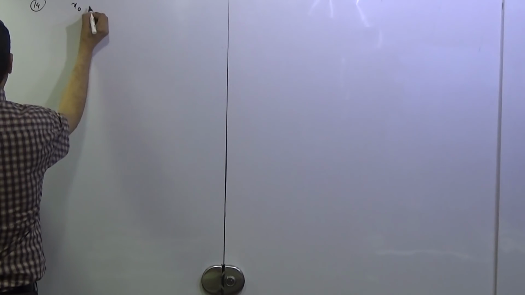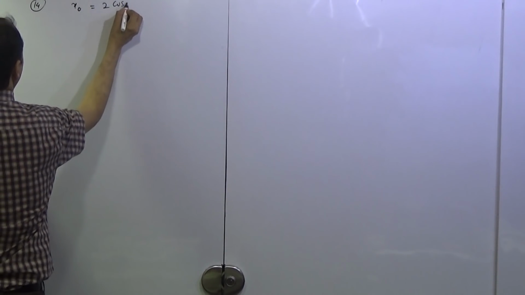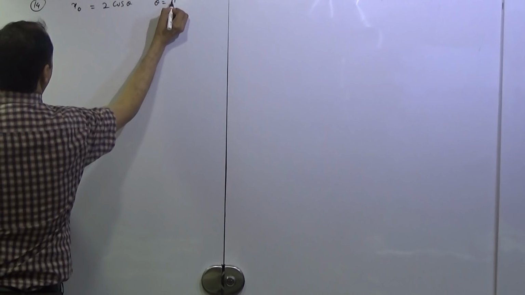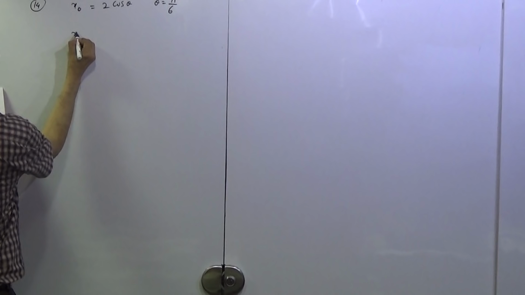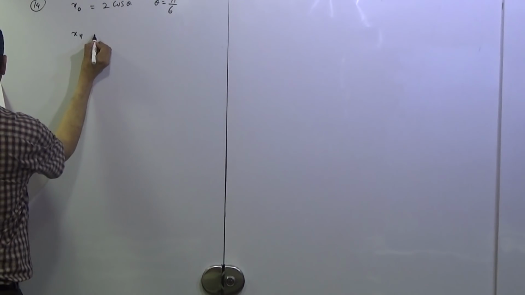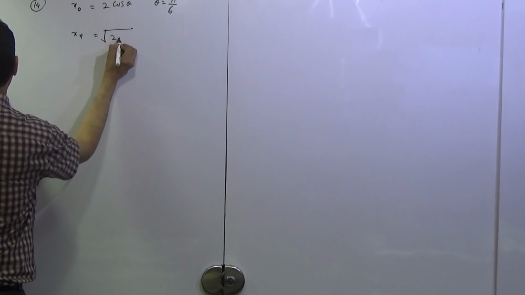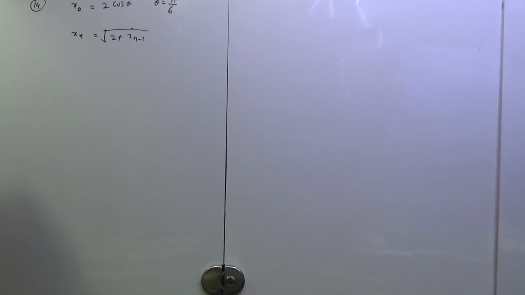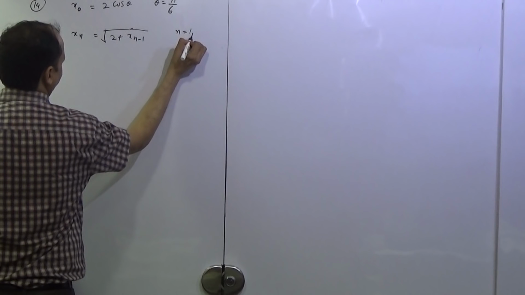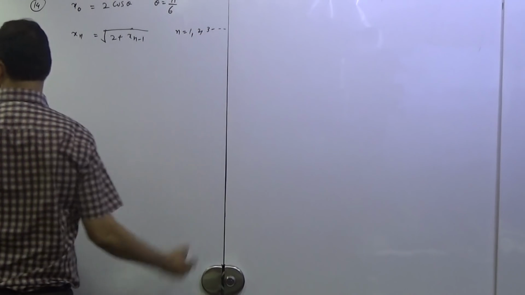You have been given x naught equal to 2 cos theta, where theta equal to pi by 6 is a big hint actually. And you have been given xn equal to root of 2 plus xn minus 1, where n is 1, 2, 3 and so on.